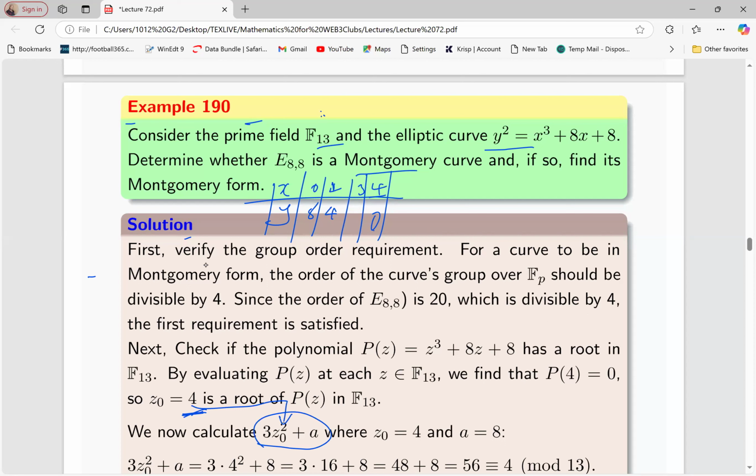Then multiply by this 3, you have a 9. Then add this a to 9. Get 4. That's what I was getting.